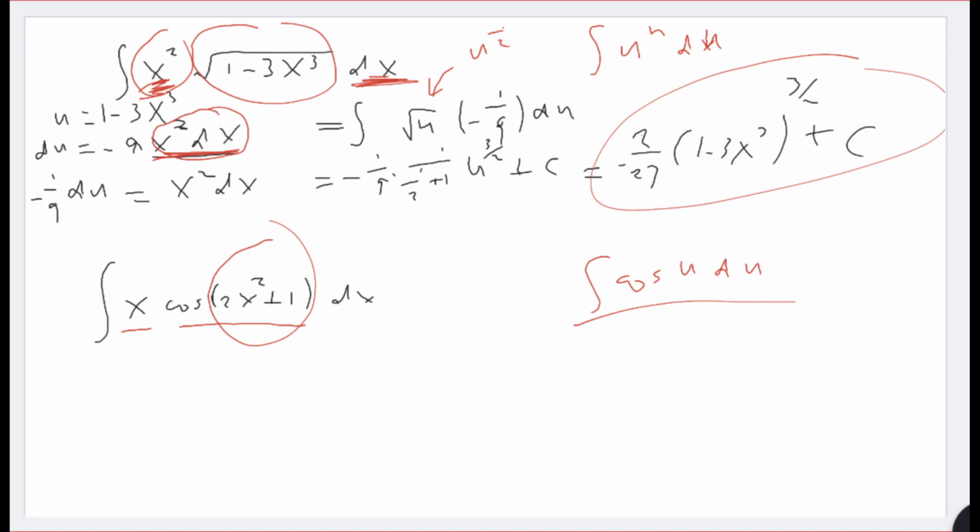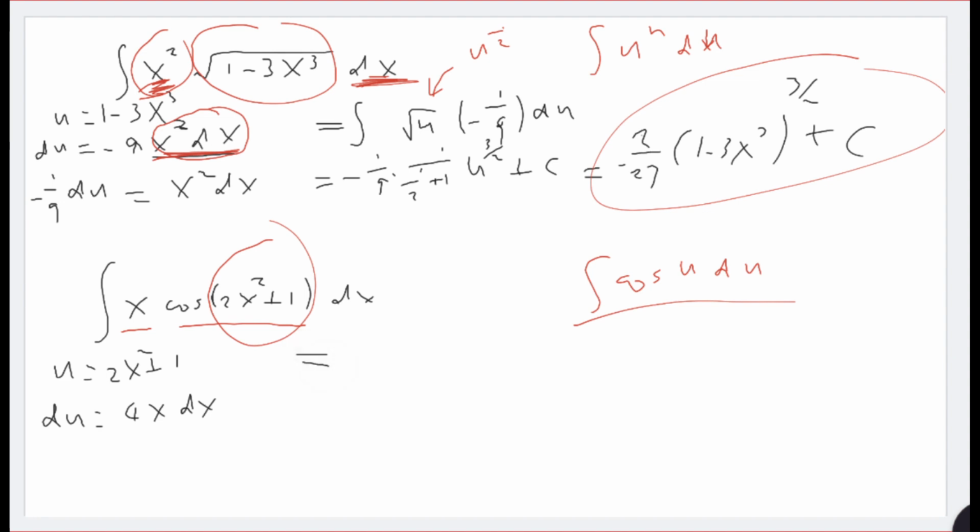So let's try this substitution. So u equal to 2x squared plus 1, and du equal to 4x dx. Now, let's not solve for dx. Let's see what we should solve for.